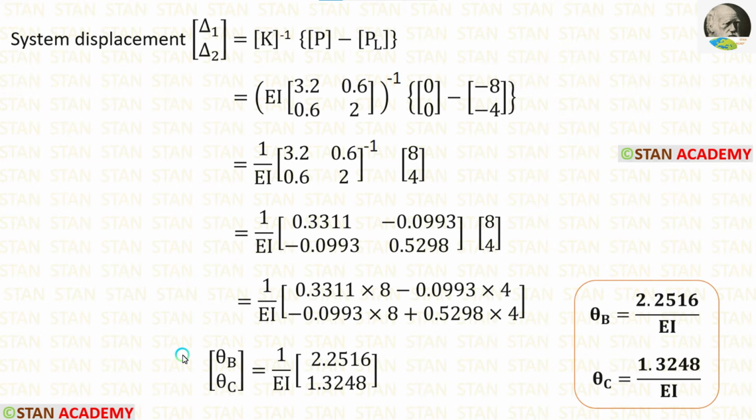The slope values will be according to the coordinates. The first coordinate is the point B, so first we will get theta B. The second coordinate is the point C, so here we will get theta C. In this analysis, we have calculated both of the unknowns. Now let us make slope deflection equations and find the final moments.